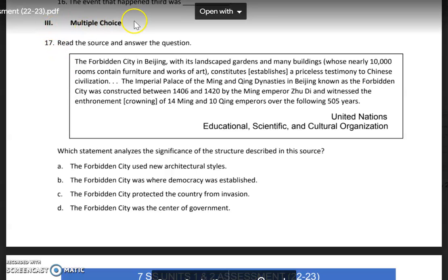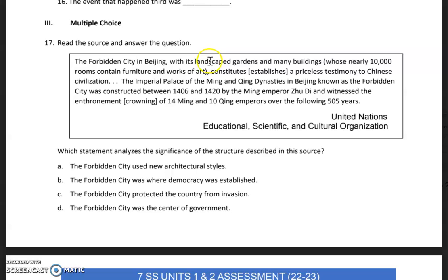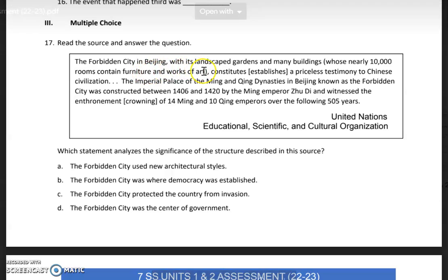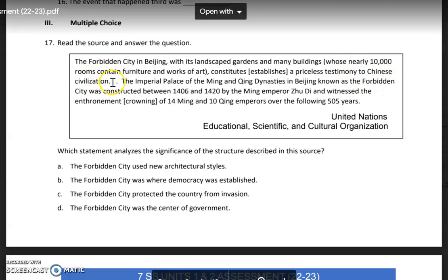Section 3. Multiple choice. Read the source and answer the question. The Forbidden City in Beijing, with its landscaped gardens and many buildings, whose nearly 10,000 rooms contain furniture and works of art, constitutes a priceless testimony to Chinese civilization.